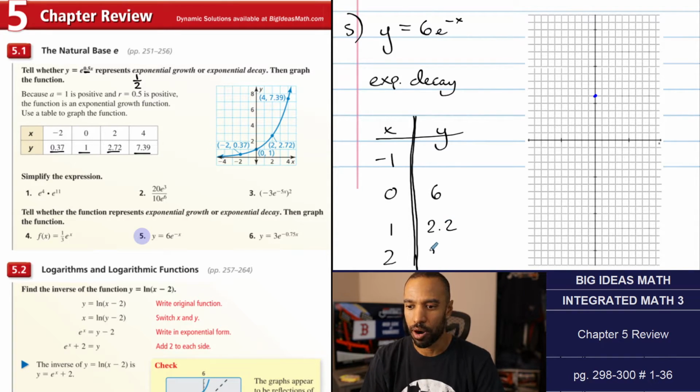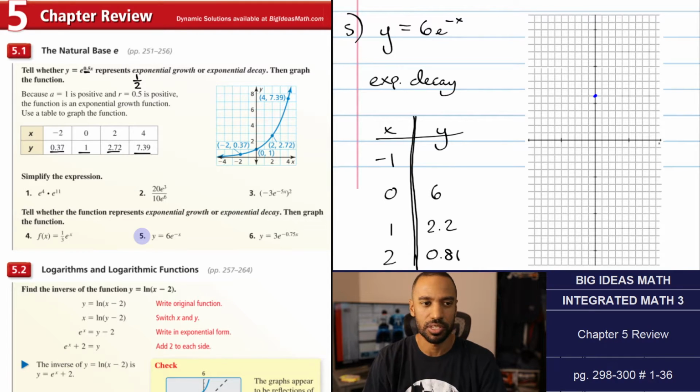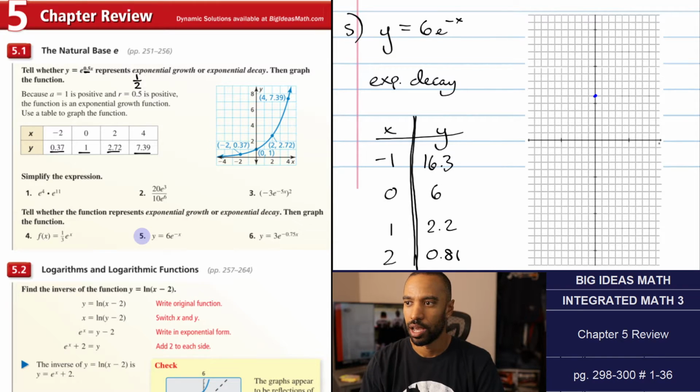So I'm within the ballpark of actual numbers that I can use on this graph. When multiplied by 6, they're big enough. Now, when I plug in a -1, that's 6 times e. So 6 times my 2.7-ish number. And that's still fittable on my graph. The e squared, probably not. But this is about 16.3. So again, these points are plottable.